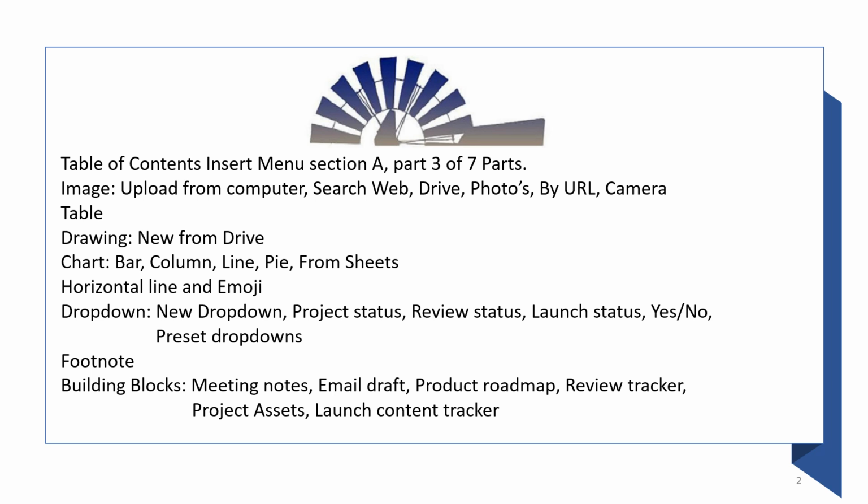Table, Drawing, new from Drive, Chart, bar, column, line, pie from Sheets, horizontal line, Emoji, drop-down, new drop-down, project status, review status, launch status, yes or no, preset drop-downs, footnote, building blocks, meeting notes, email draft, product roadmap, review tracker, project assets, launch content tracker.